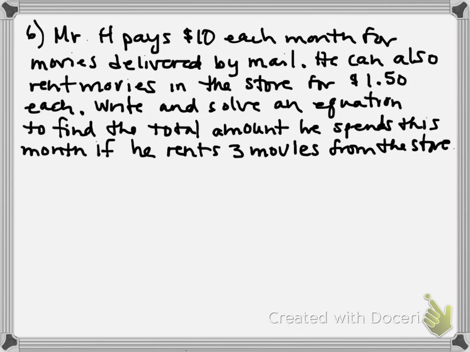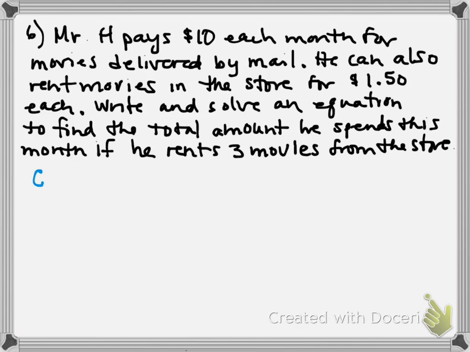So we're going to come up with two variables. Can I solve a two-variable equation if I have two unknowns? And the answer is it depends on the situation. If I don't have enough information, no. If I have enough information, yes. So here's what we're going to do. We're going to create two variables.